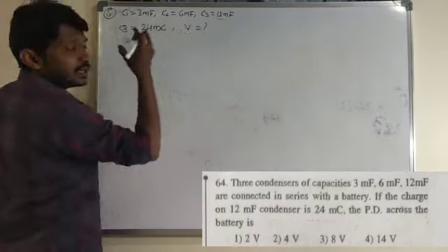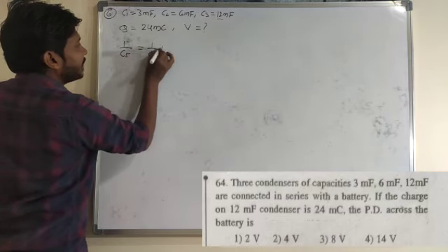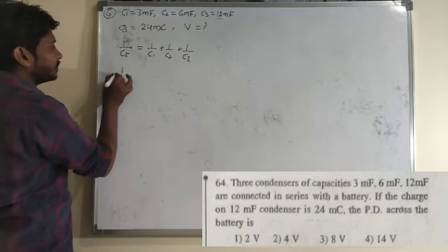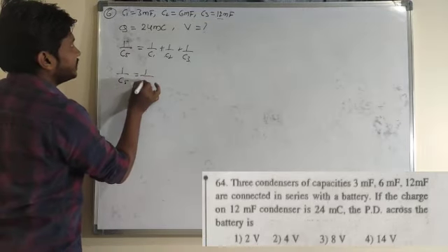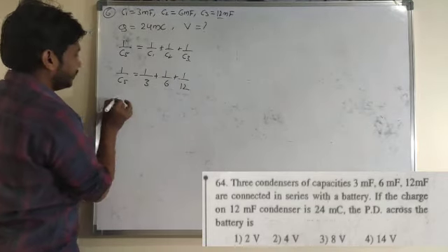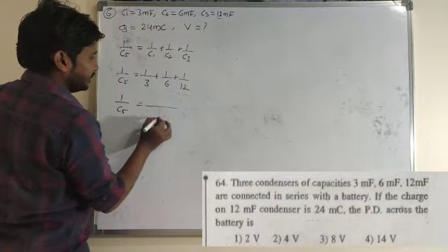First, these capacitors are connected in series combination, so first let me find the effective capacitance value. This is the formula. 1 by Cs is equal to 1 by 3 plus 1 by 6 plus 1 by 12. What's the LCM here?